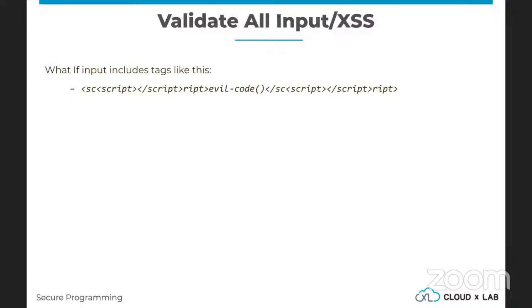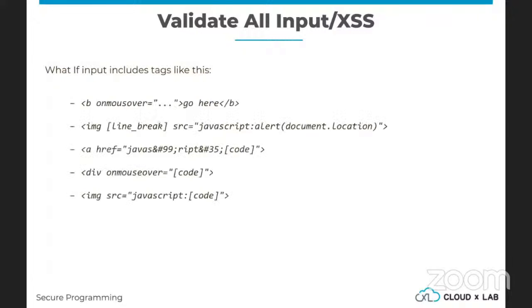There could be many cases whereby an attacker can provide the evil code such that it can bypass your checks. What if the user has put the script in this form? Inside the bold, on mouse over, inside the image, in SRC you can actually put JavaScript.